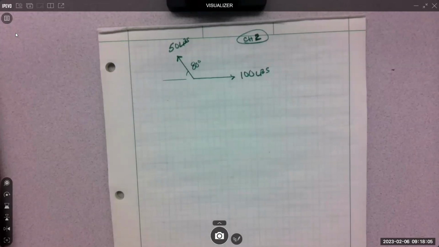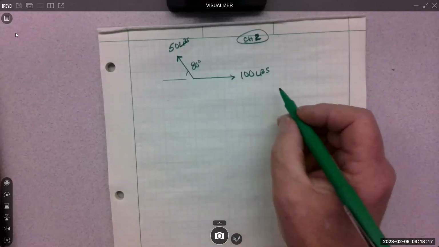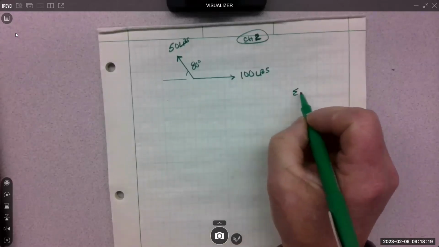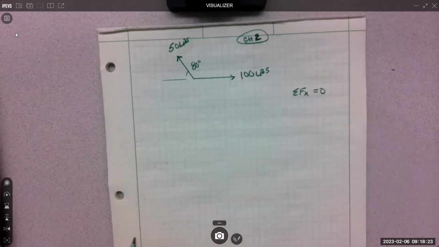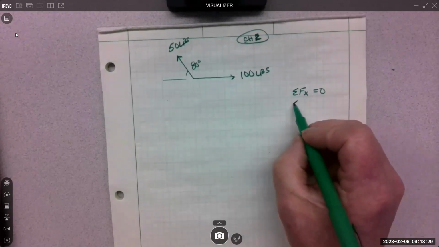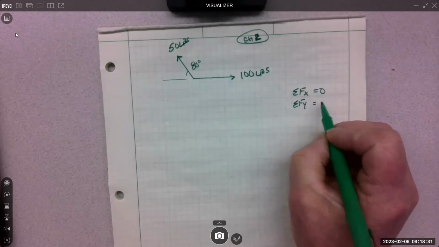Now in chapter 4, we want our systems in equilibrium. Equilibrium means that the sum of the forces in the X is equal to 0, and the sum of the forces in the Y are equal to 0.